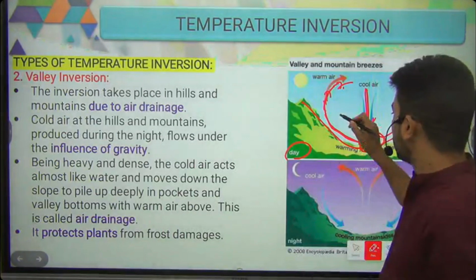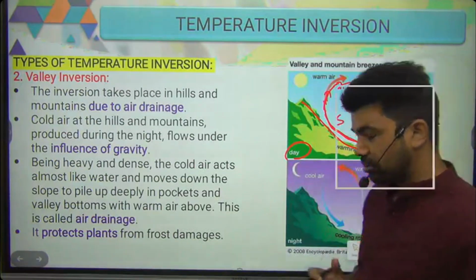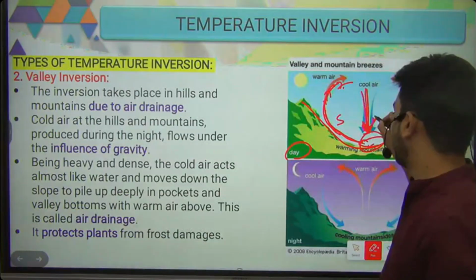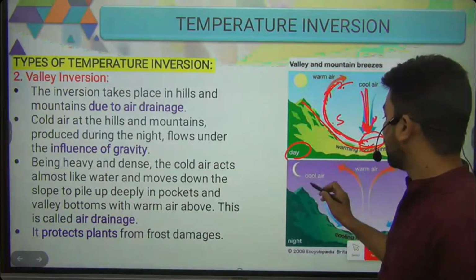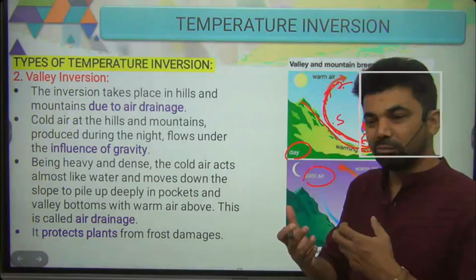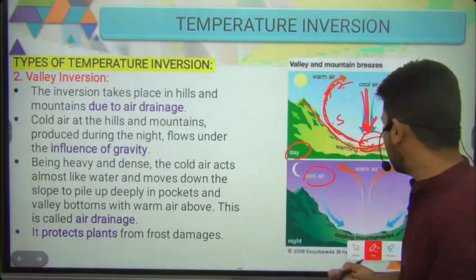So the place does not become too warm, because this warm air is being replaced by the cold air. This happens in the day, and similarly in the night, the temperature should not keep on decreasing.